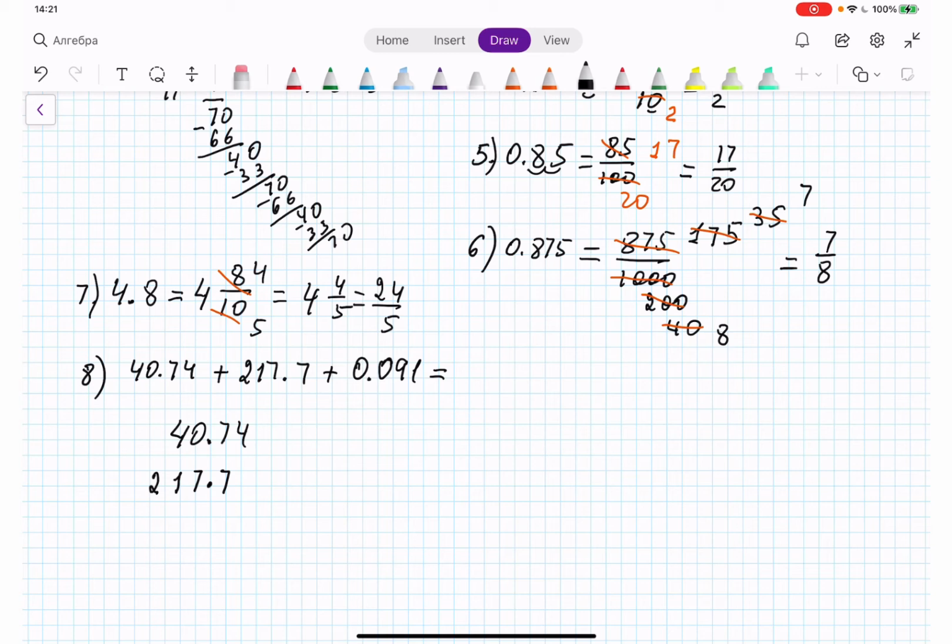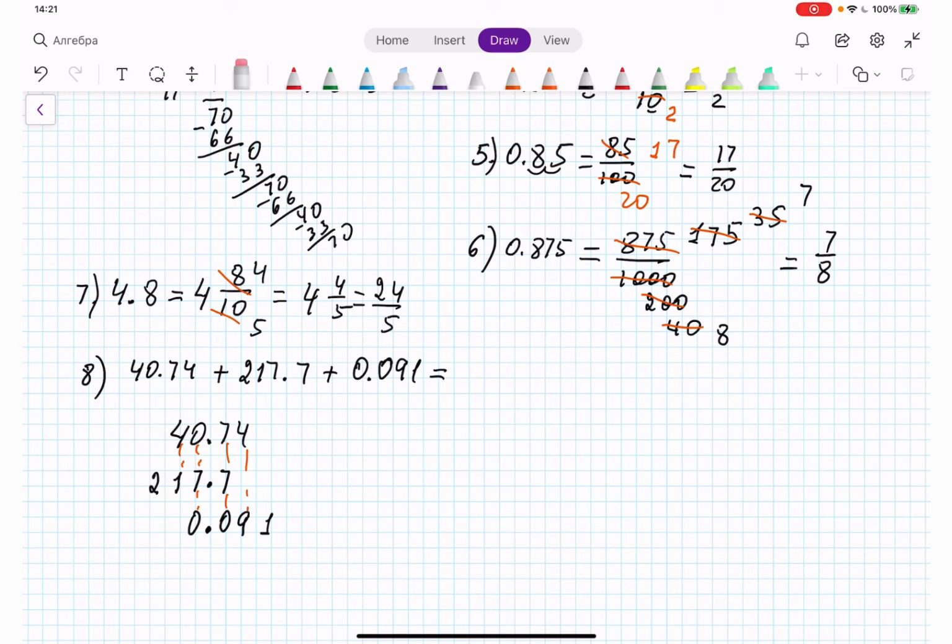Next number, decimal notation lining up, whole number is only 0, and then I have 0, 9, and 1. I am lining up the first digit, second digit, and for the third one there is none.